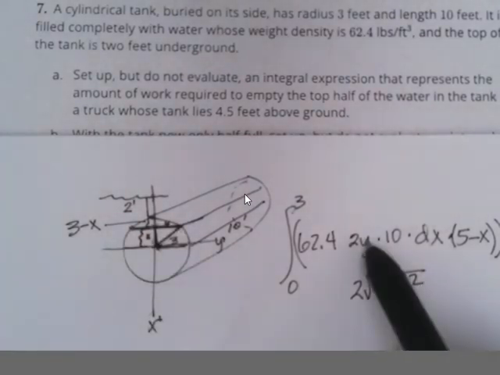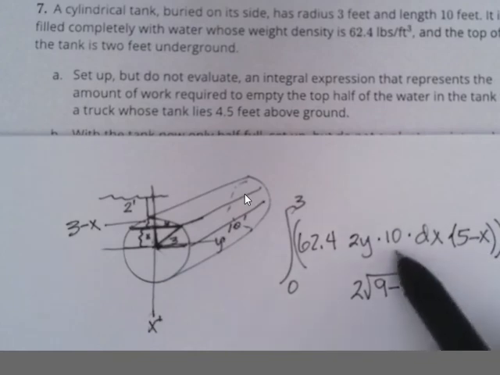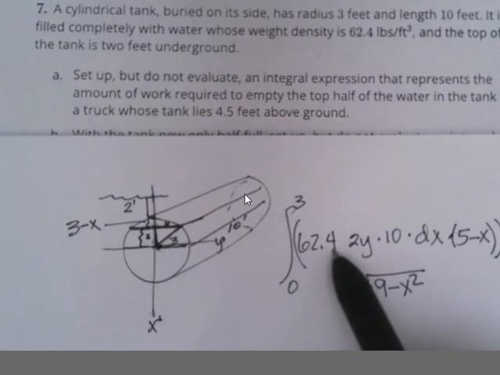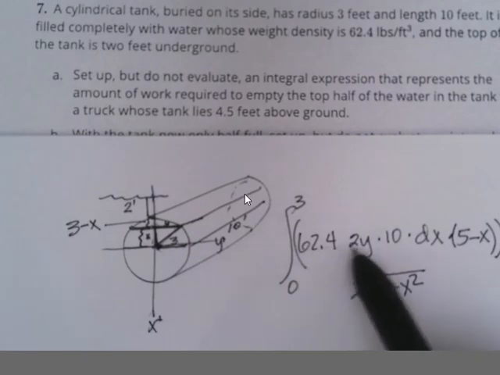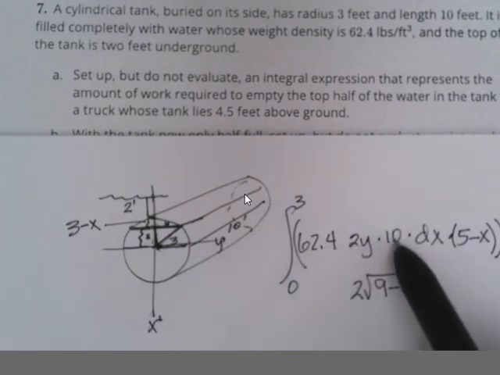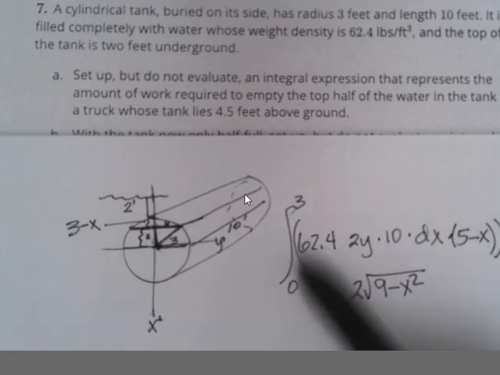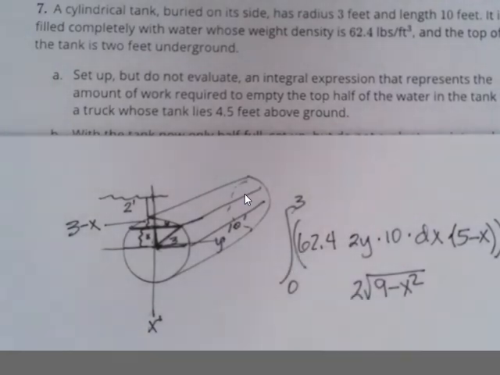So that's what would go here, and then we'd have everything in terms of x. The 62.4, the 2, the 10 can be pulled out, the 5 can't. And so all of that would come out. On the outside, we'd have this times a negative x, and we'd integrate from 0 to 3, and we'd get our answer for that one.